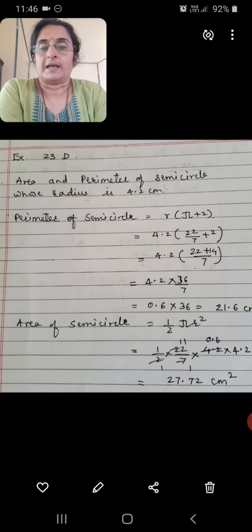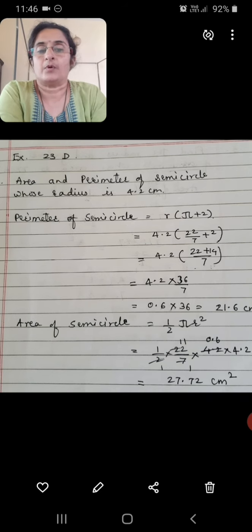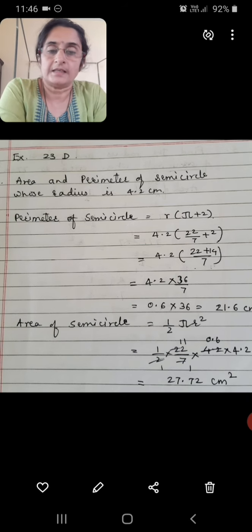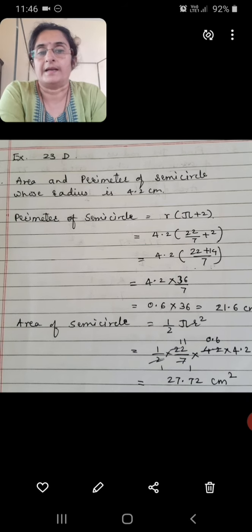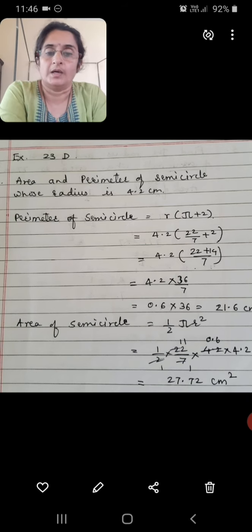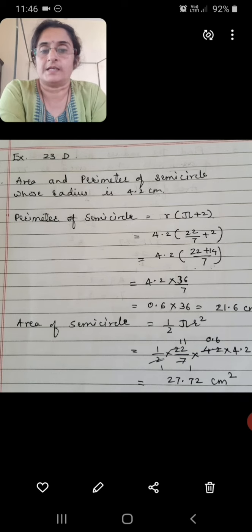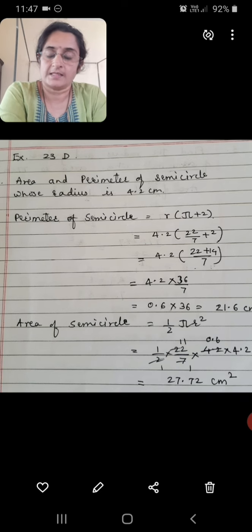When you solve the bracket, you will get 36 upon 7. So children, one thing you have to keep in mind: pi plus 2, whenever you are doing that, you will get 36 upon 7 only, because the value is not going to change there. Into 4.2, you'll get 21.6 centimeter. That is the perimeter of the semicircle.